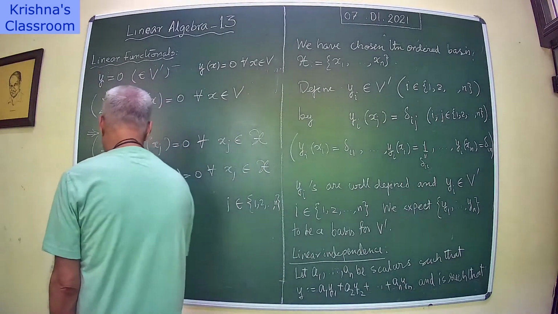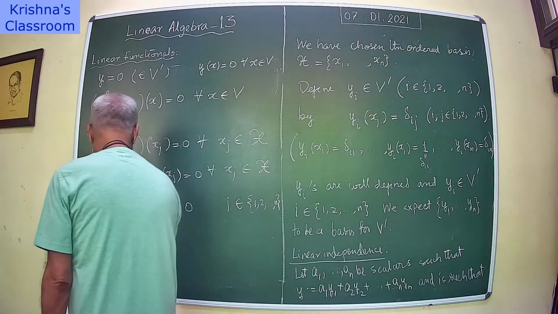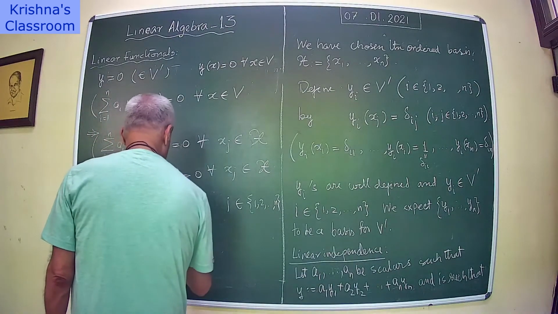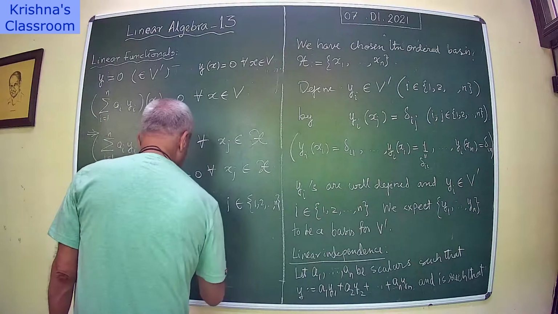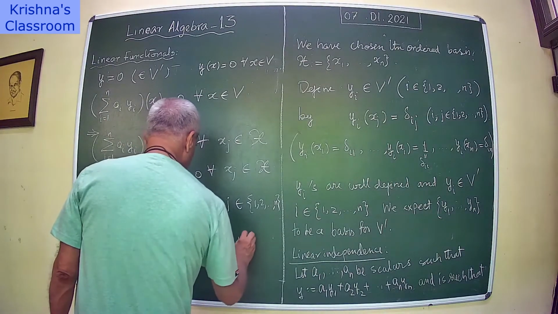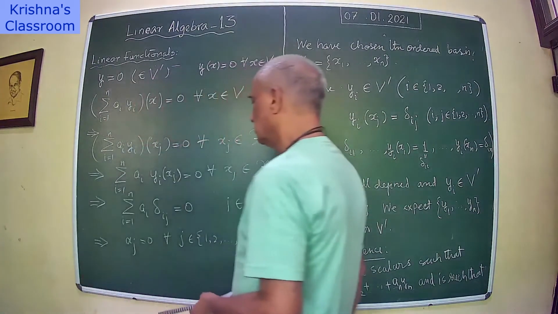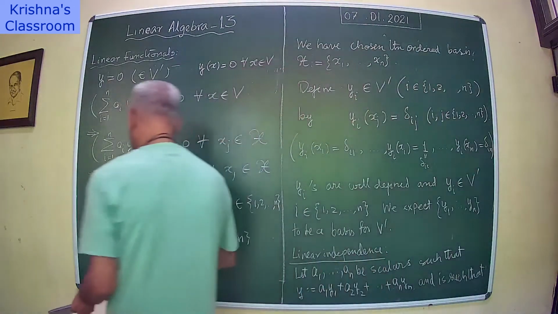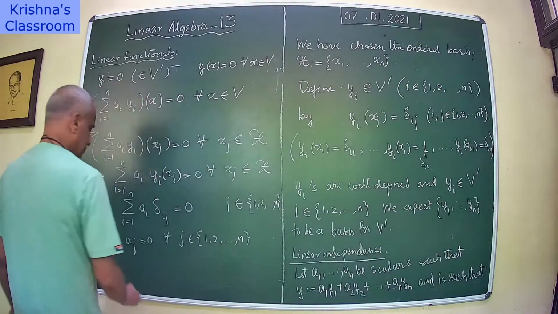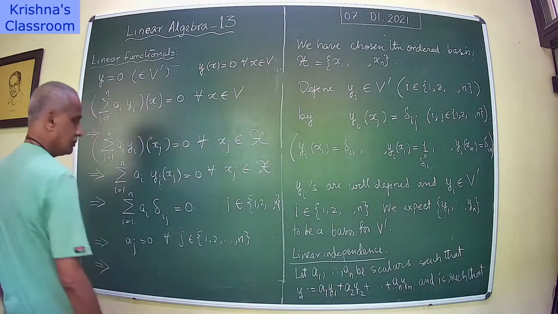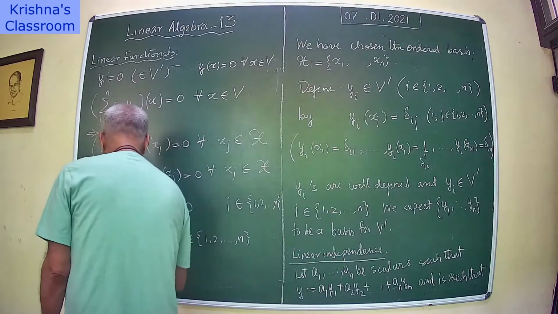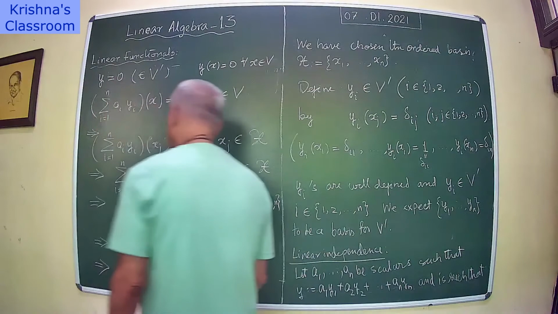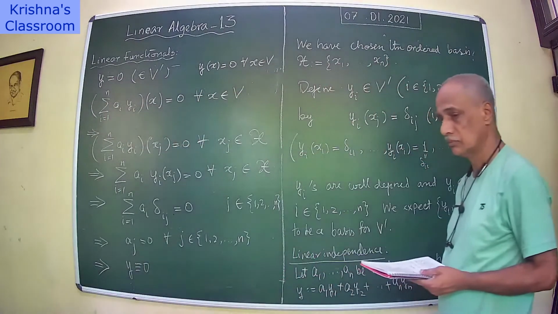What does it mean? And that implies ai is identically equal to 0.